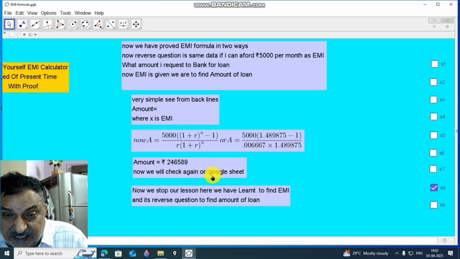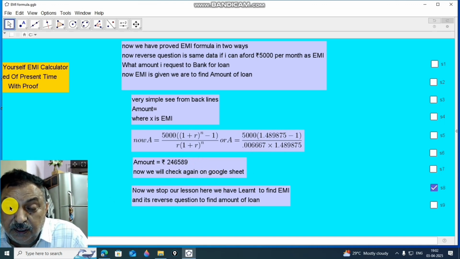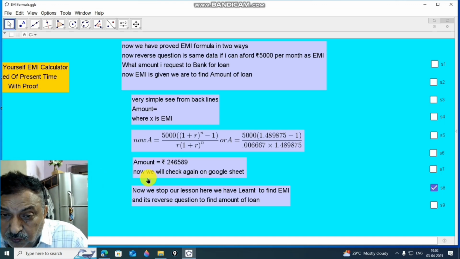First we checked that if principal is 1 lakh, EMI was 2028. Now we are to check, if EMI is this, what will be the amount? Amount is 246589.